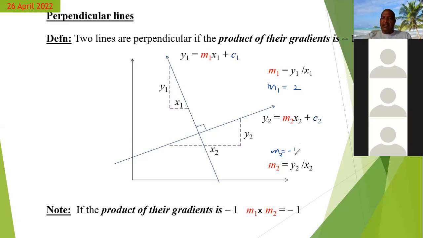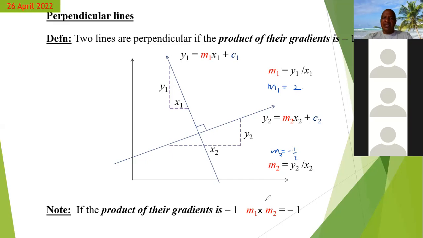All right. So for perpendicular lines, if you find the gradient of one to be a number, then the gradient of the other should be the negative reciprocal, which would be negative 1/2. This is always true for gradients of perpendicular lines.